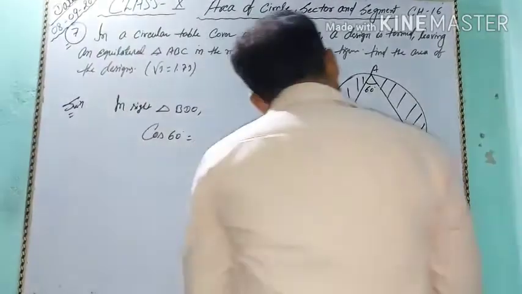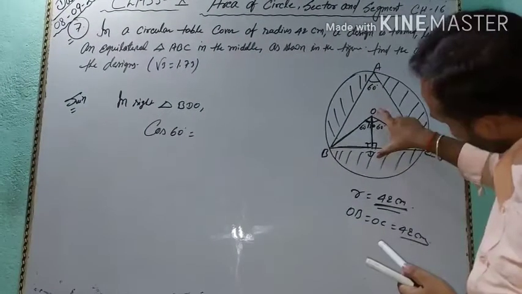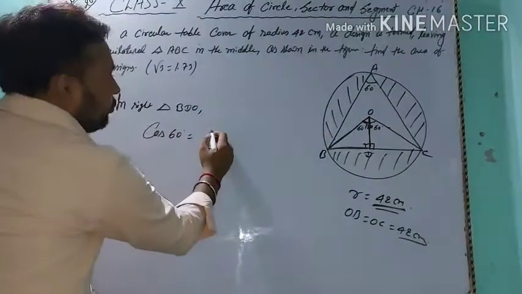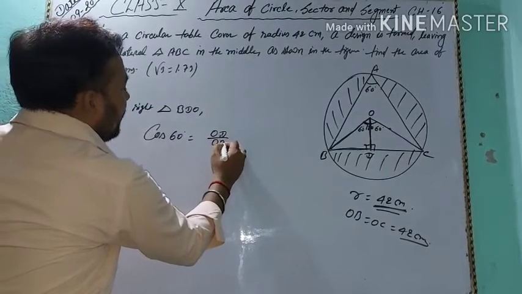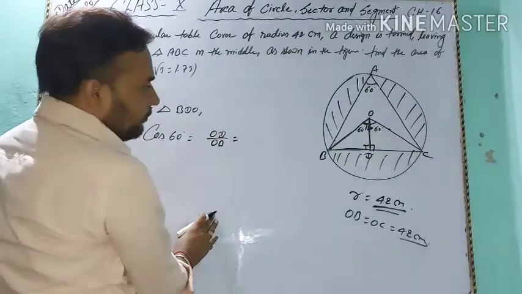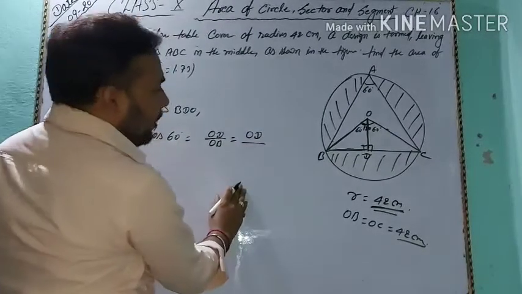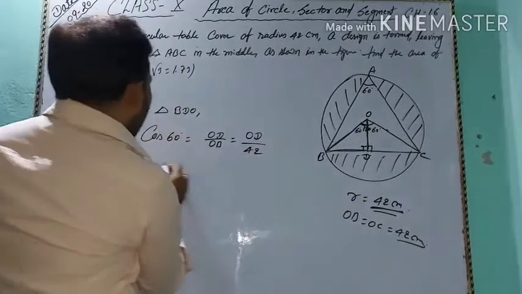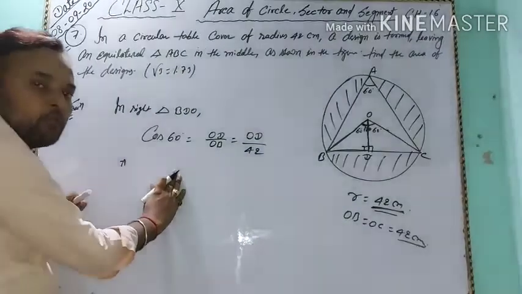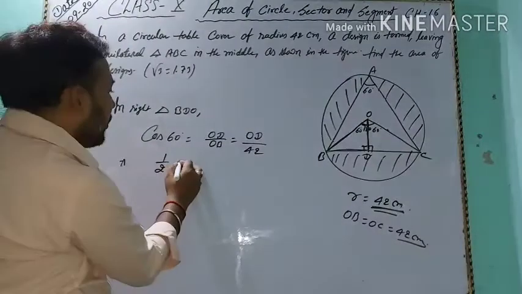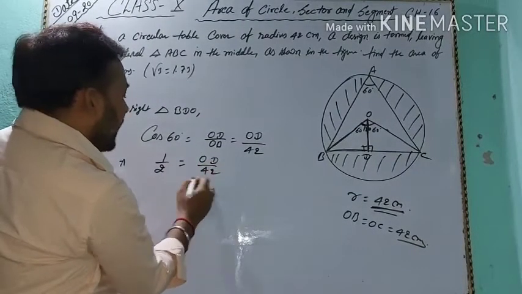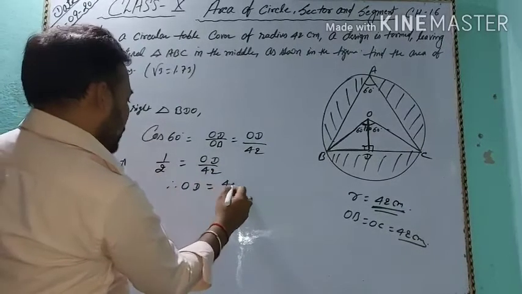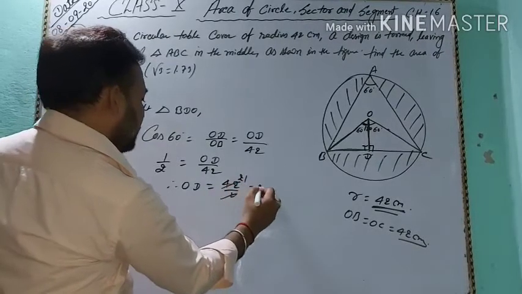Base is OD and hypotenuse is OB, so cos theta equal to OD by OB. We know that the value of cos 60 degree equal to 1 by 2. 1 by 2 equal to OD by 42, and that is OD equal to 42 by 2, that is 21 centimeter.